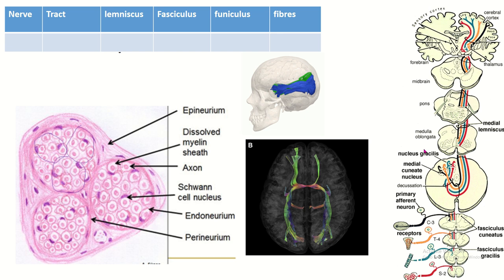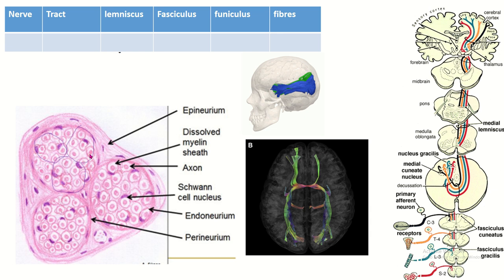Summary. Nerve: the collection of axons outside the central nervous system. Tract: collection of axons within the central nervous system. Lemniscus: part of the tract is known as the lemniscus. Fasciculus: division of the tract, subdivision of the tract, is known as the fasciculus. Subdivision of a nerve is also known as the fasciculus.